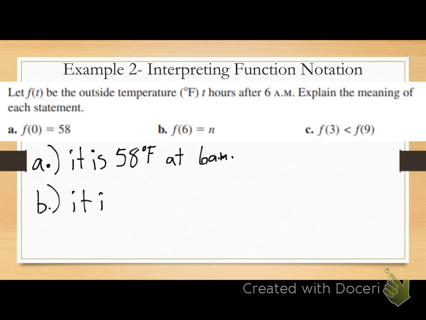So I'd say it is n degrees Fahrenheit at 12 p.m. Or if you put noon, that'd be fine. If you put 6 hours after 6 a.m., that would be fine. There's multiple ways to write this, but at that time, it is n degrees Fahrenheit. Any questions on letter B?